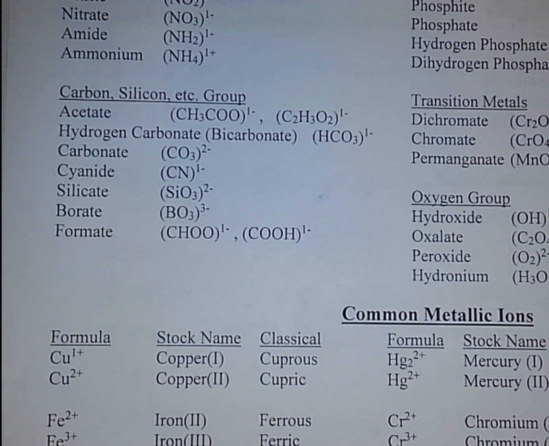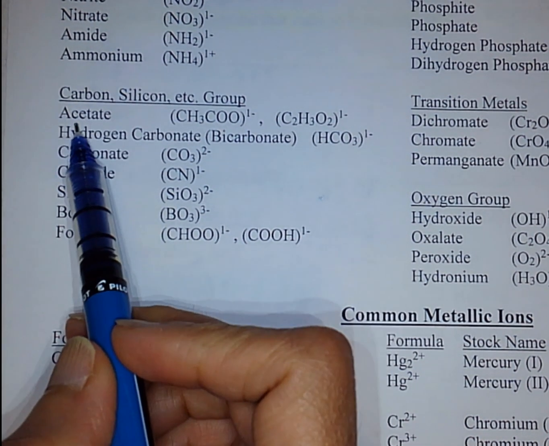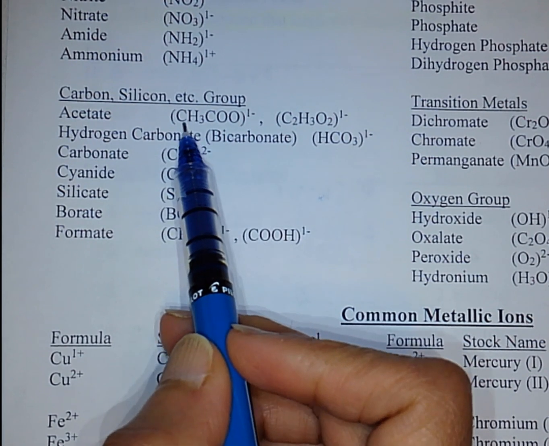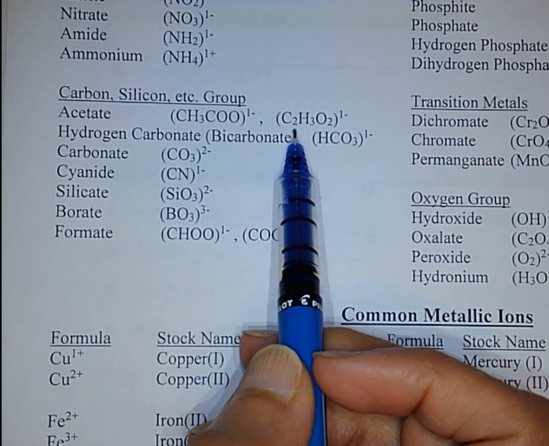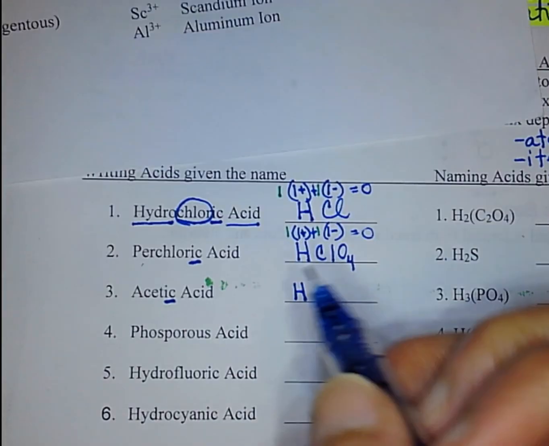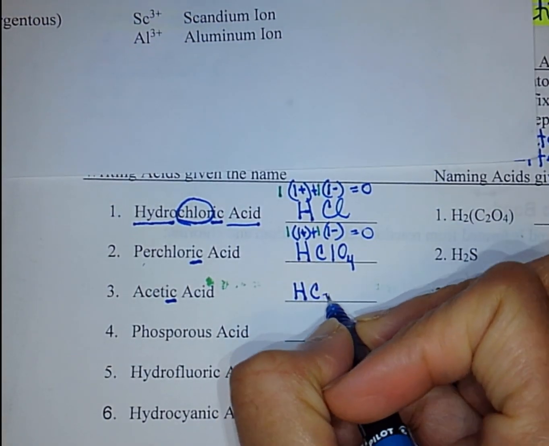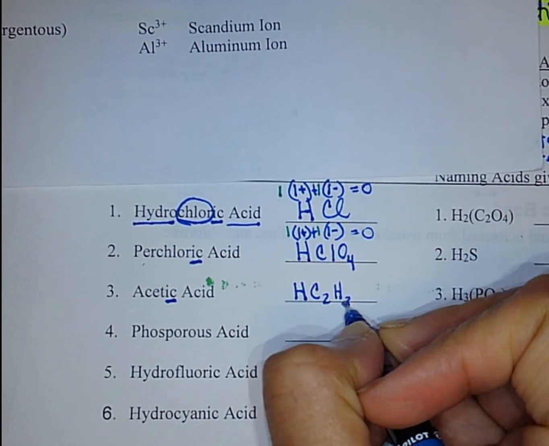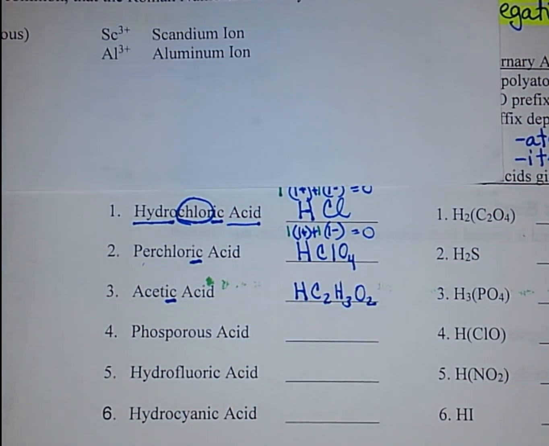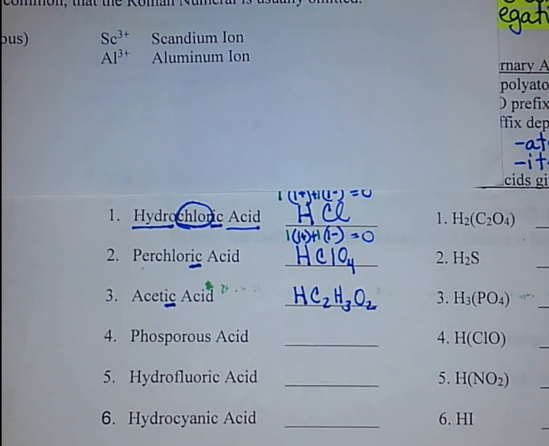Let's see what the formula for acetate is. Here's acetate. It's got ATE, and this is the formula. You can use either one of these formulas. I'll use C2H3O2 this time. C2H3O2. Okay, and if we're interested in doing the charge, then we can do the charge for it.